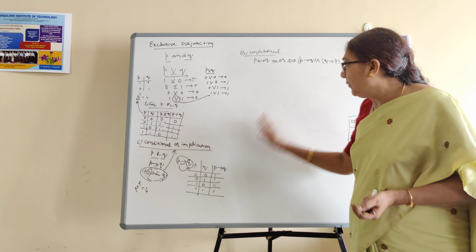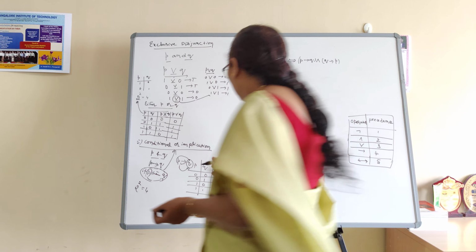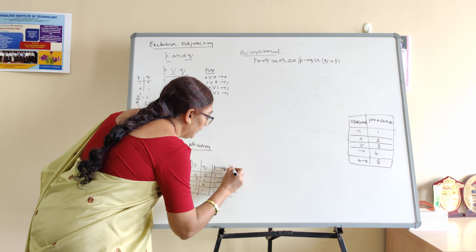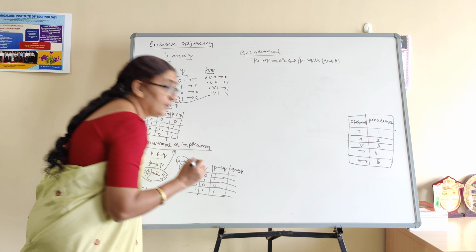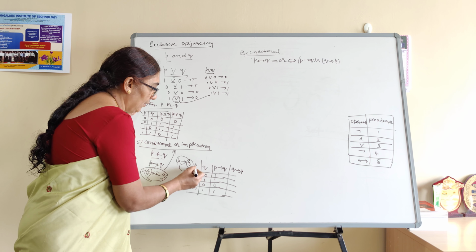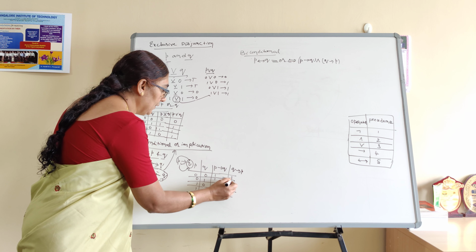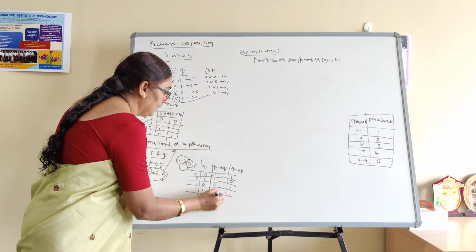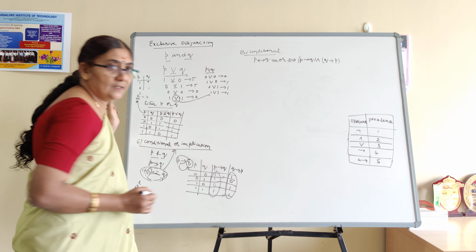Before moving to the biconditional, you have to find Q conditional with P. But Q conditional P is not the same as P conditional with Q. Observe: 0 to 0 is 1, 1 to 0 is 0, 0 to 1 is 1, 1 to 1 is 1. These two truth tables are not the same.